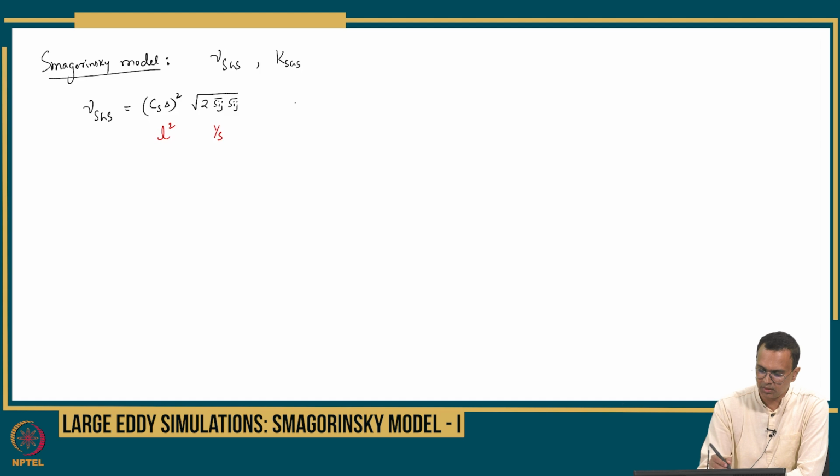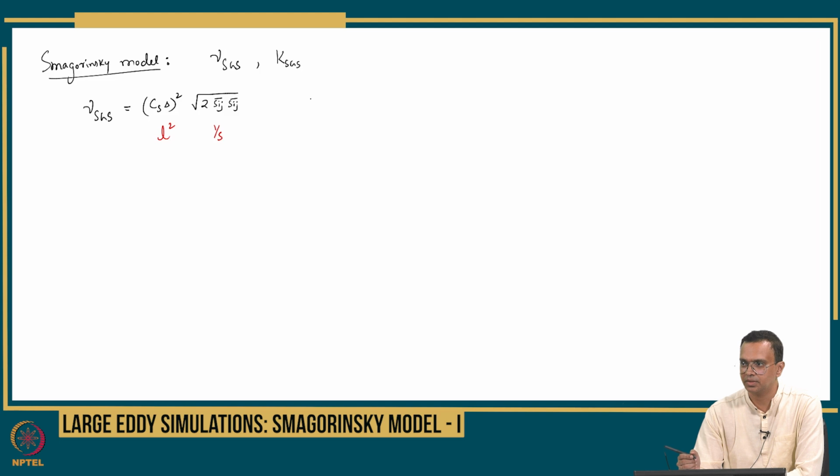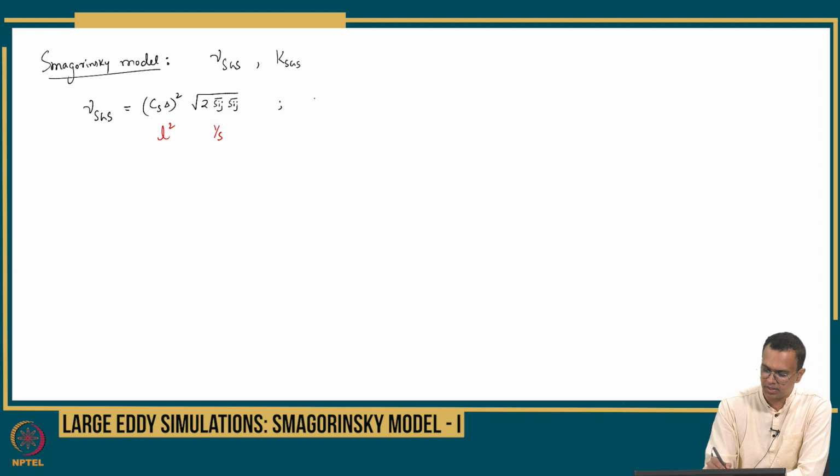So here the one problem you would face is that close to the wall you will have large strain rates. This was discussed in the eddy viscosity framework. Very close to the wall, the strain rates, this is the resolved strain rate here, right? Sij over bar implies resolved strain rate.